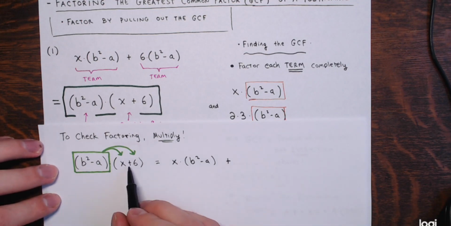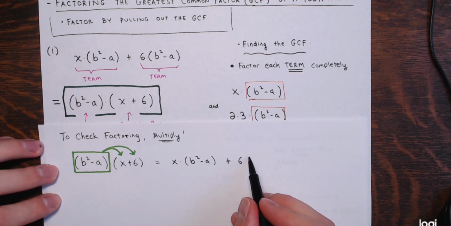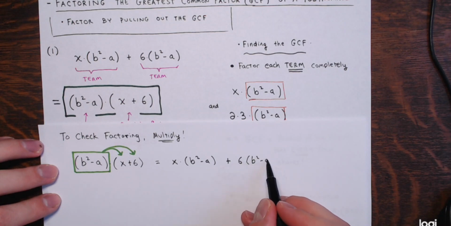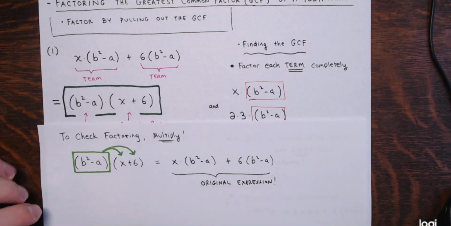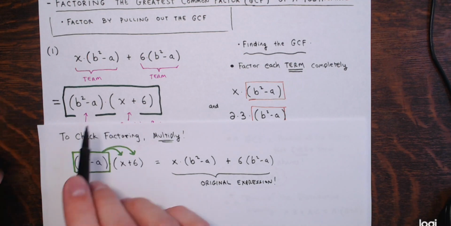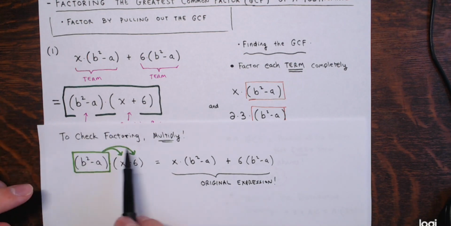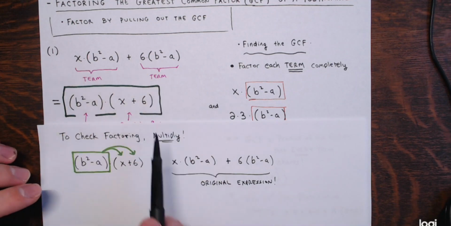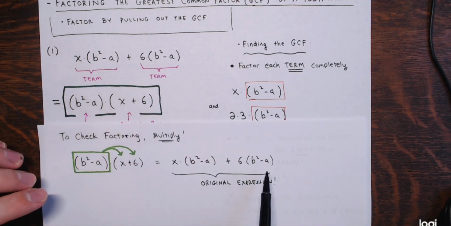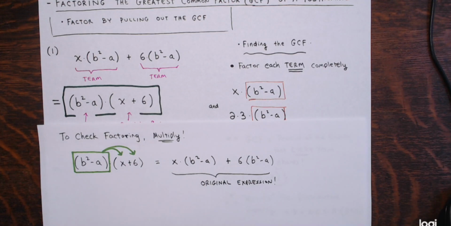Then we have plus 6 times this quantity b squared minus a, and look, this is the original expression that we were given. So great, that means our factorization is correct. If you multiply what you factored and you get the original expression back, then that means your factoring was good. You did a good job.